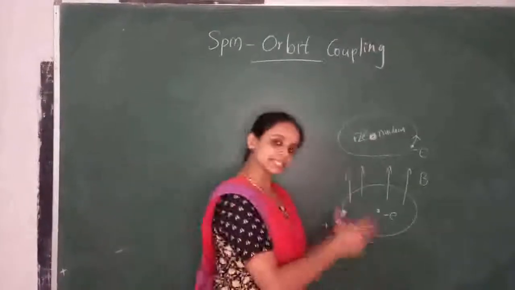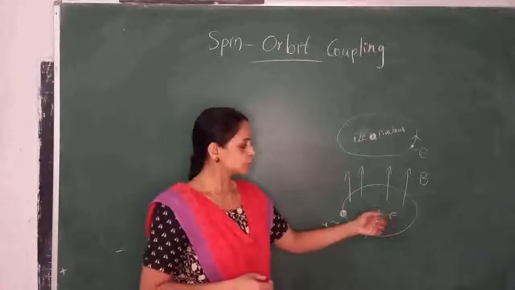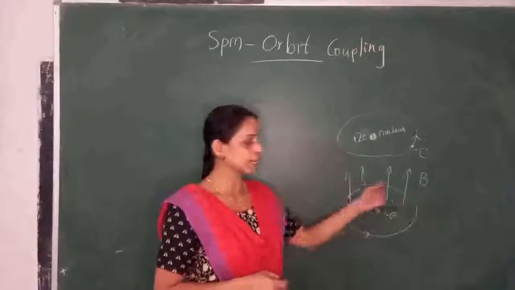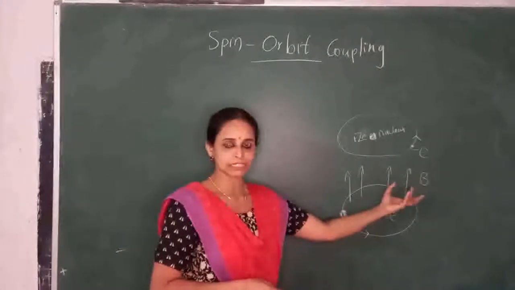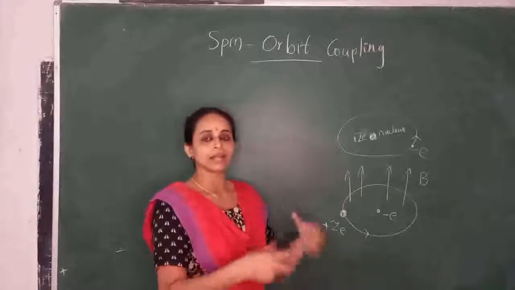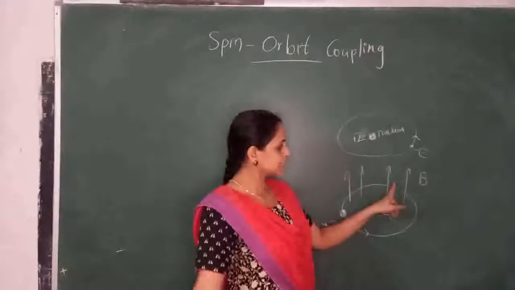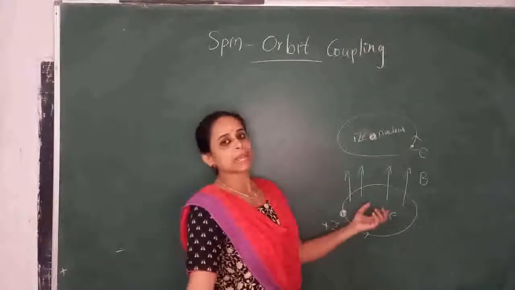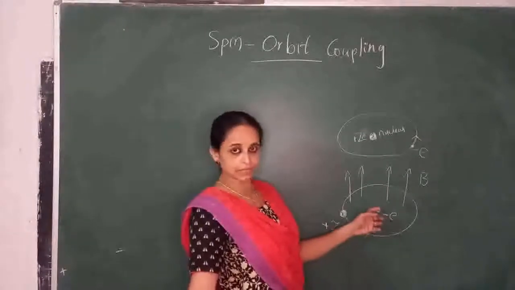And the electron itself, having spin motion, has some angular momentum. The interaction between this angular momentum and the angular momentum due to the orbital motion gives rise to some magnetic field. This interaction is known as the spin-orbit coupling. This magnetic field acts on the electron's spin magnetic moment. It has a magnetic moment because the electron has a spin.